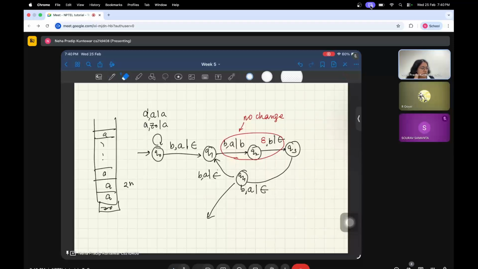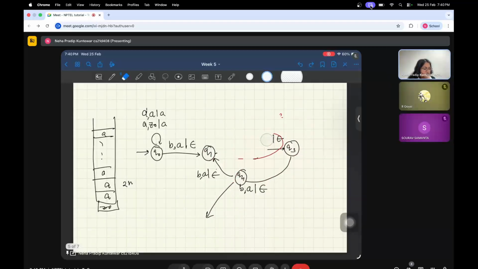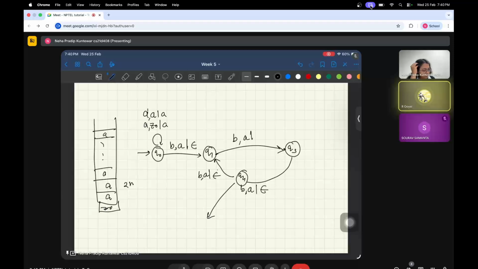Maybe you just need a notation for denoting skipping, that you're not doing anything. Yes, okay, let's change this. So you see your B, and the top of the stack is A, and then I won't do anything.